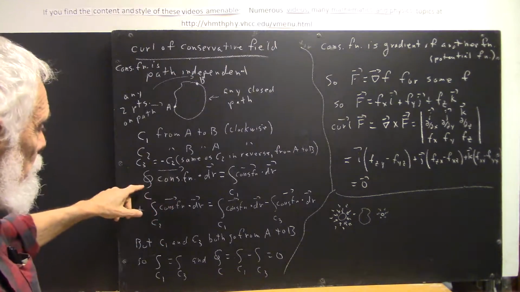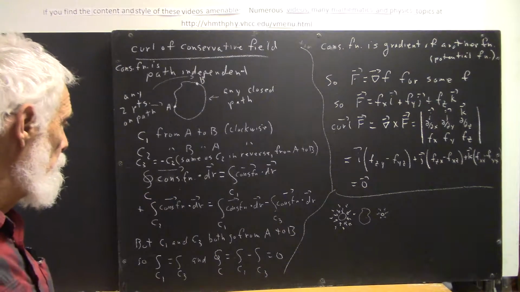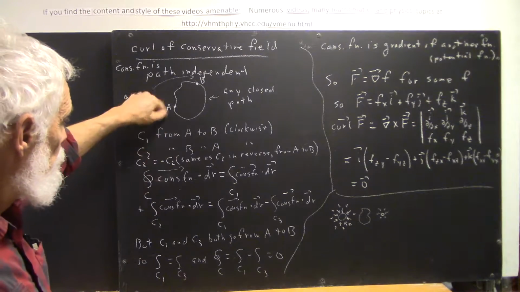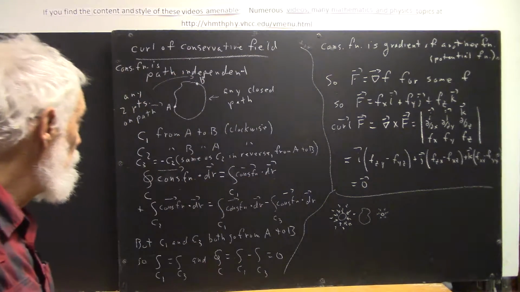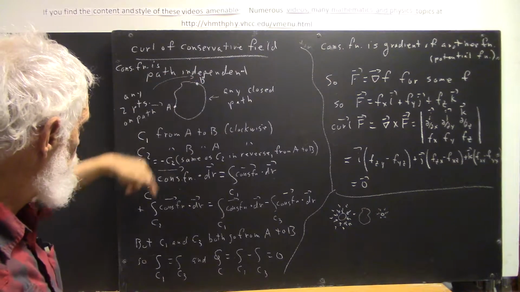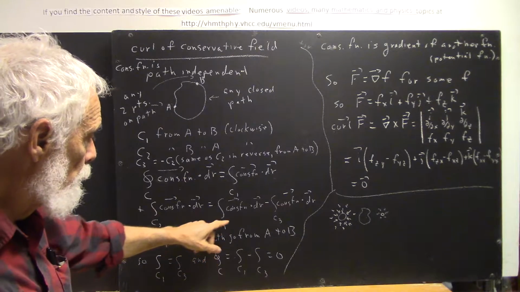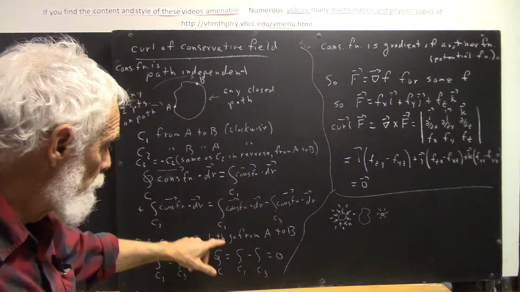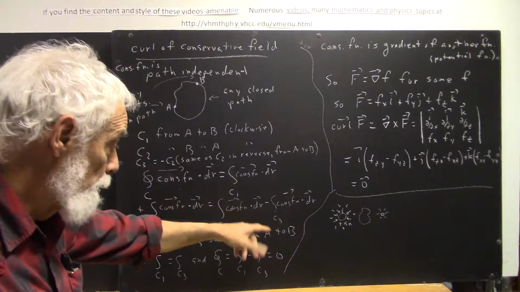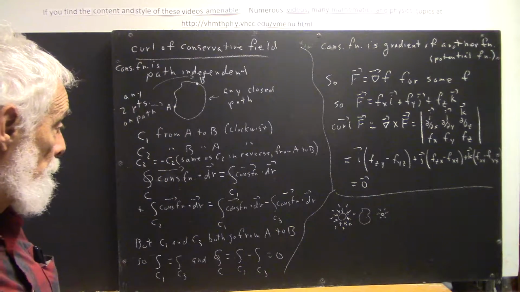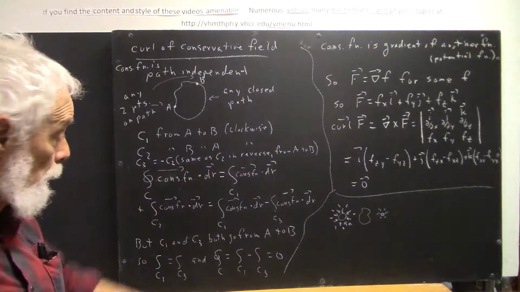Okay, now the integral of your conservative field dot dr then is what? It's the integral from A to B, that's over C1, plus the integral from B to A, that's over C2. Well, then that's the integral of the conservative function dot dr over C1 minus the integral of this function dot dr over C3, since C3 is the same as the curve C2, except it goes in the opposite direction.